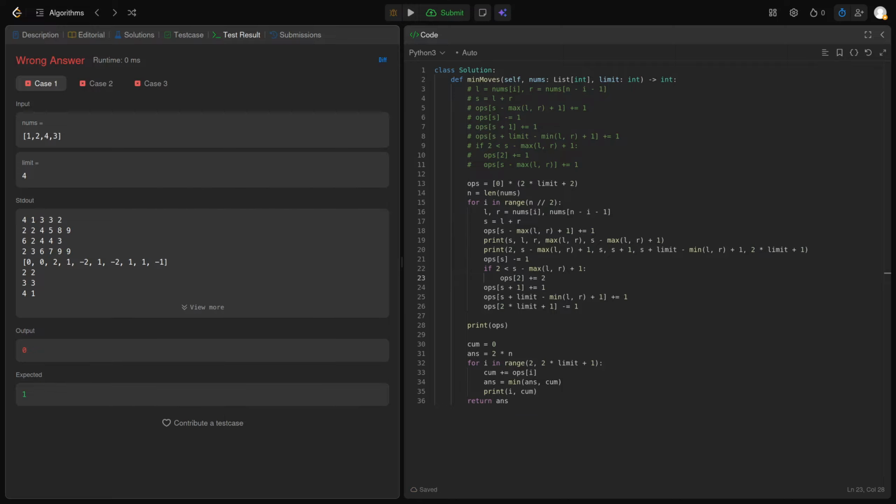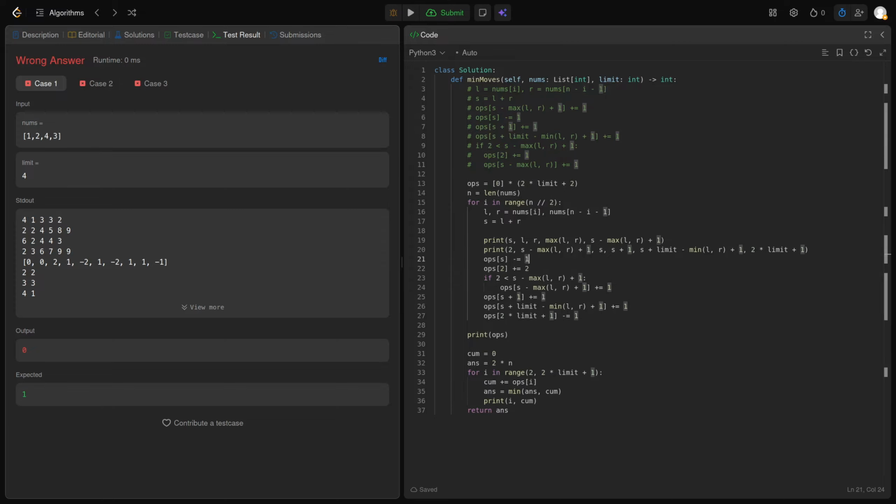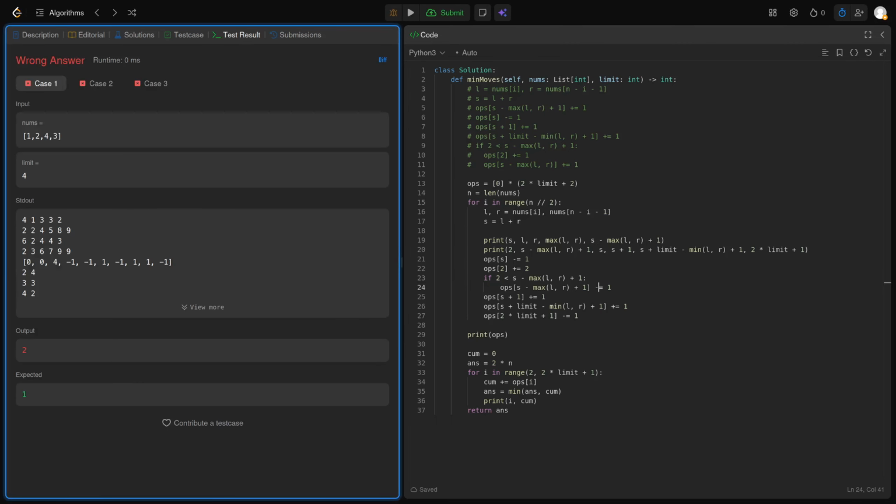This should be 2, right? And then afterwards this should subtract 1 from here, and then 1 there, and then 1 there, and then 1 there, and this might work. That's completely wrong.